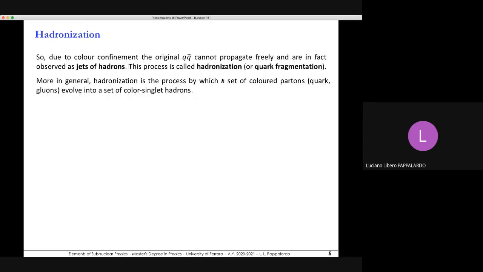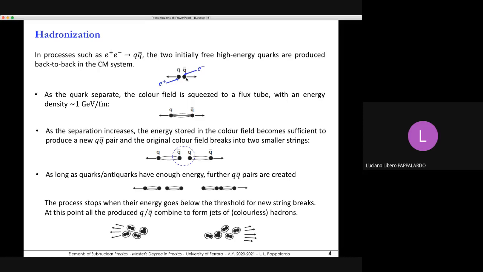Due to the color confinement, the original quark-antiquark cannot propagate freely, okay? And in fact, we observe this at the end as a jet of hadrons. And this process is called hadronization, or equivalently quark fragmentation. The meaning of quark fragmentation is pretty obvious because we start from, let's say, one quark. At the end, this quark fragments into several different hadrons, okay?